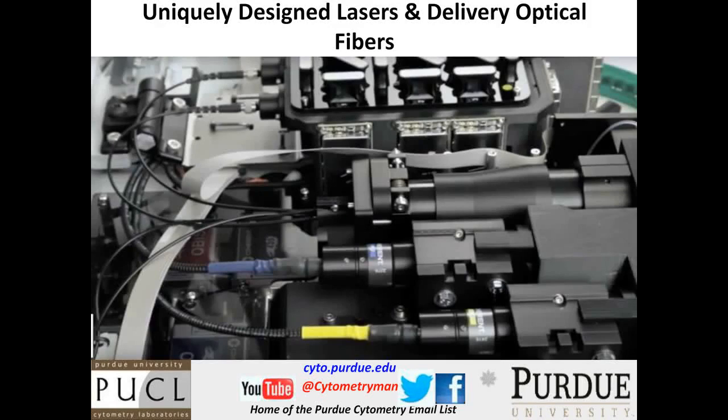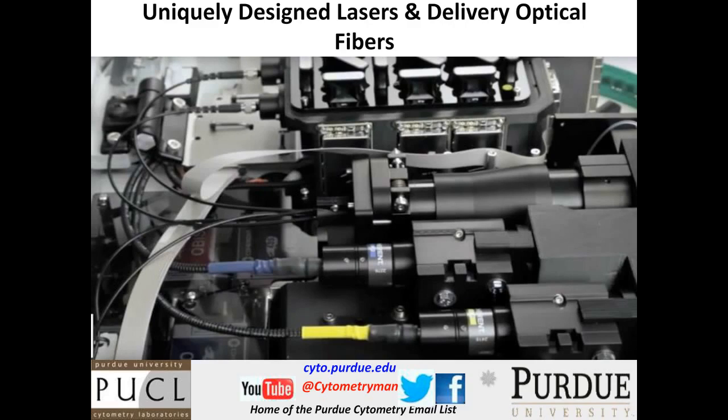But let's, for a second, look at these lasers. They're quite interesting. First thing that I noticed when I pulled the lid off the machine is that the lasers have a slightly different structure to what I was used to. The laser itself is hidden underneath the instrument at the back, but the delivery comes here into this optical assembly here.